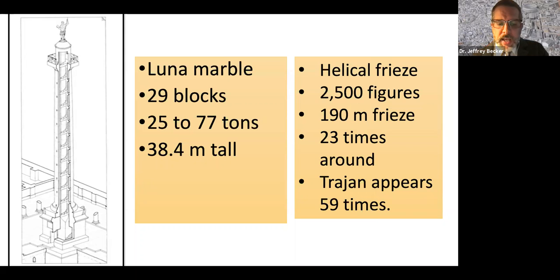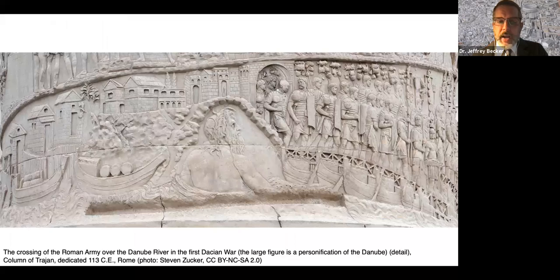And it's often studied and discussed for what it can tell us about Roman narrative in sculpture. How do the Romans tell stories? What are the pictorial and perspectival choices made by Roman sculptors?